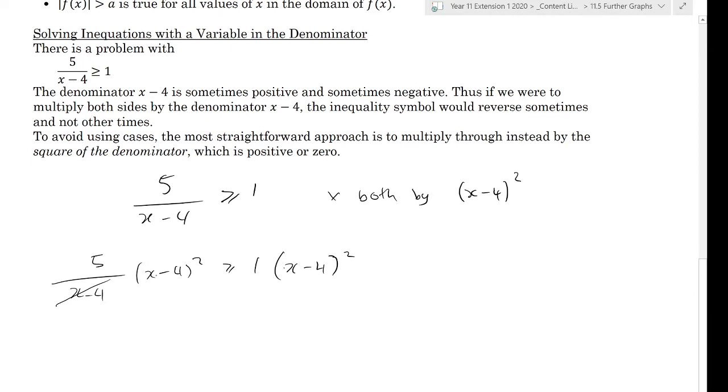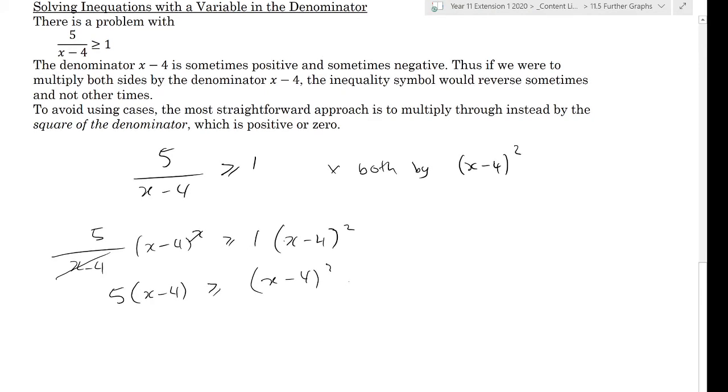So one of these cancels with one of these, and that leaves me with 5 lots of x minus 4 is greater than or equal to 1 times x minus 4 all squared, which is just x minus 4 all squared, okay? Then working it out, we can get a solution and find what it is using our method. The bell's going at a very inopportune time, but we'll have a look at that in more detail with our last example that we'll go through.